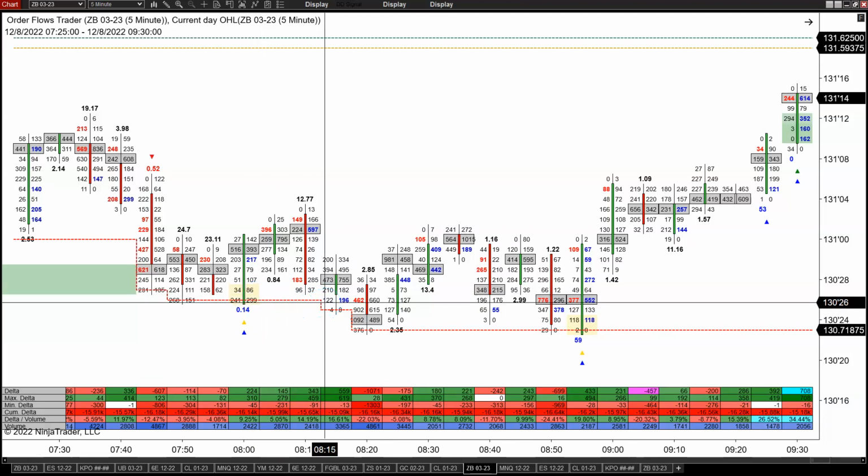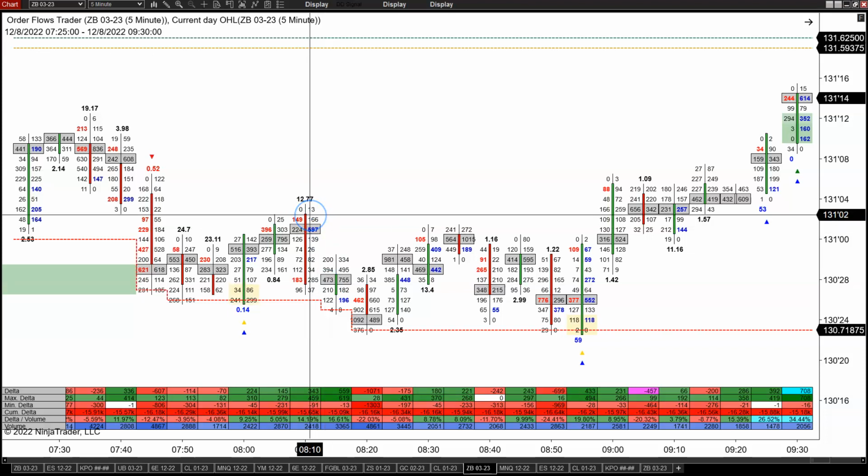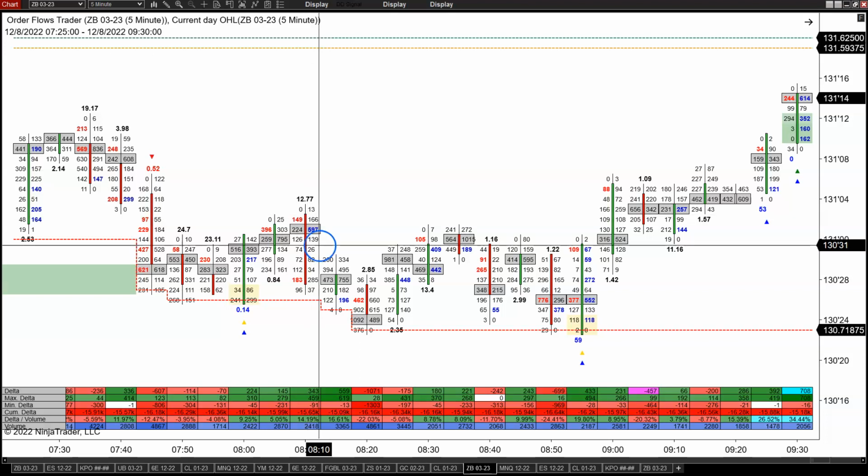So you have that sort of hanging over. But that's not written in stone that the market has to come back. Markets often do come back, but I don't want you not taking a trade just because there's an unfinished auction there. You just have to have it in the back of your mind that the market could come back to that level.